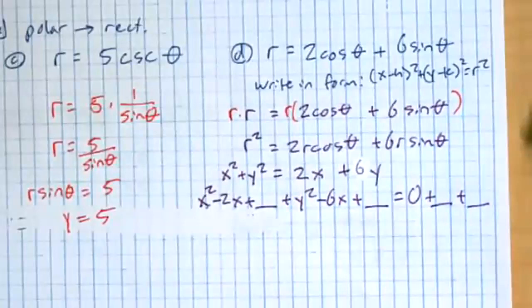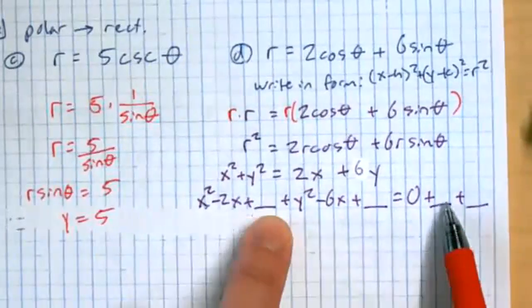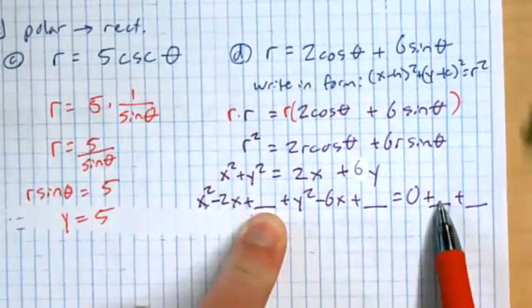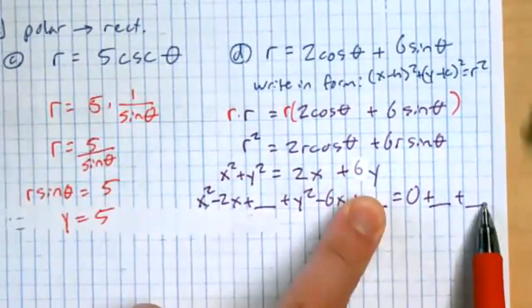Disregarding all the blanks, are you okay with how I basically just got a 0 on one side of the equation? And then I put some blanks in there because that's what we do when we're completing the square. I'm going to put a number in this blank, and I'll put the same number over here so that we keep the equation balanced. And I'll put a number in this blank and the same thing over here.